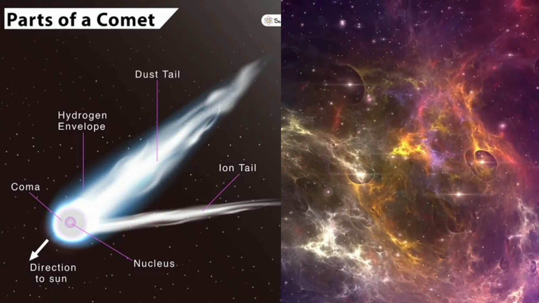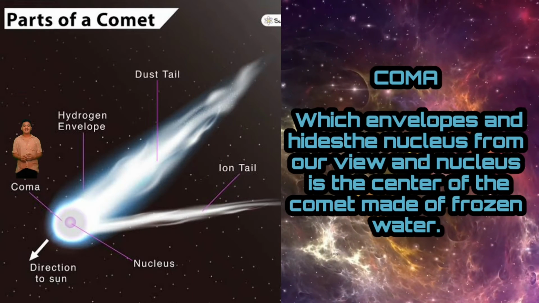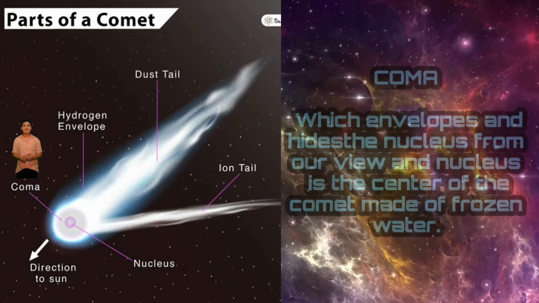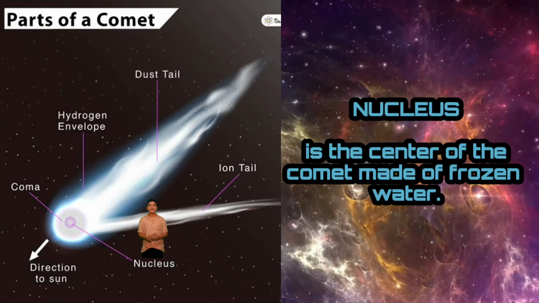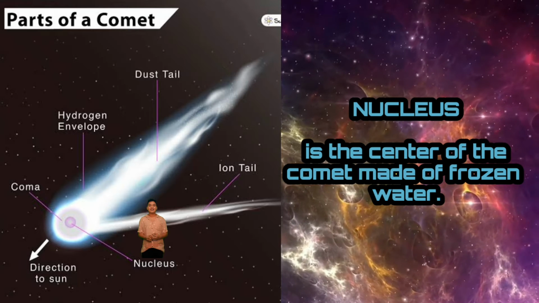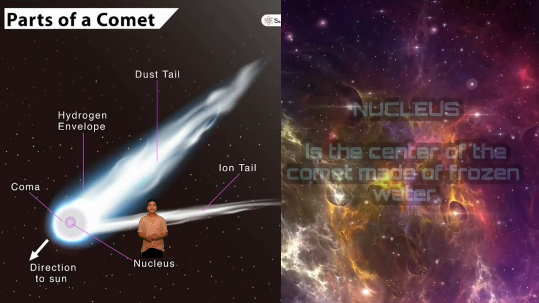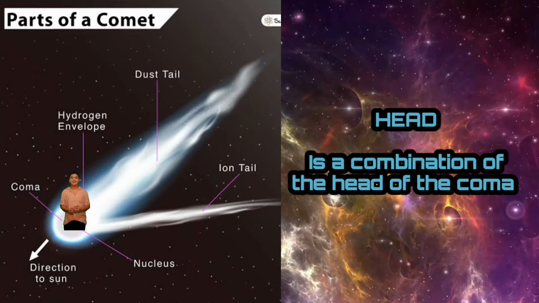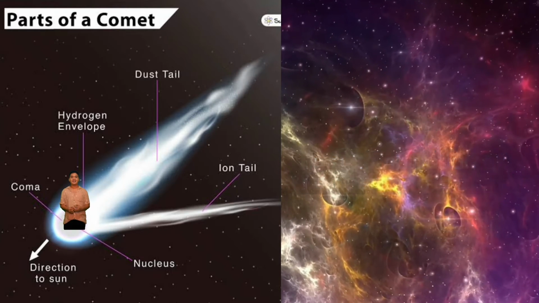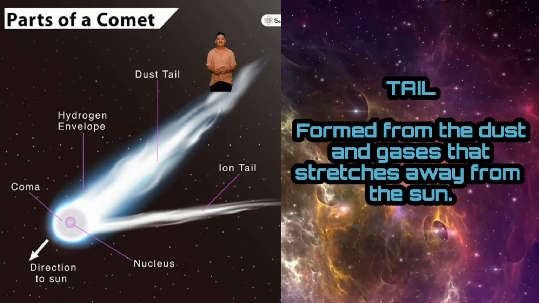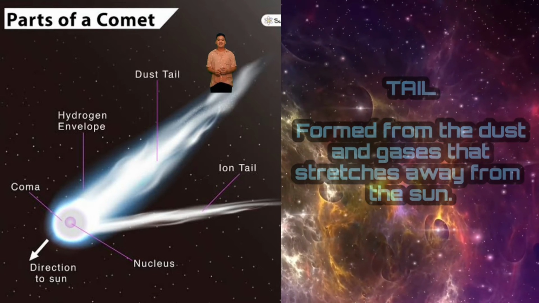The parts of the comet consist of the coma, which envelops and hides the nucleus from our view. And the nucleus is the center of the comet made of frozen water. The head is a combination of the nucleus and the coma, and the tails are formed from the dust and gases that stretch away from the sun.